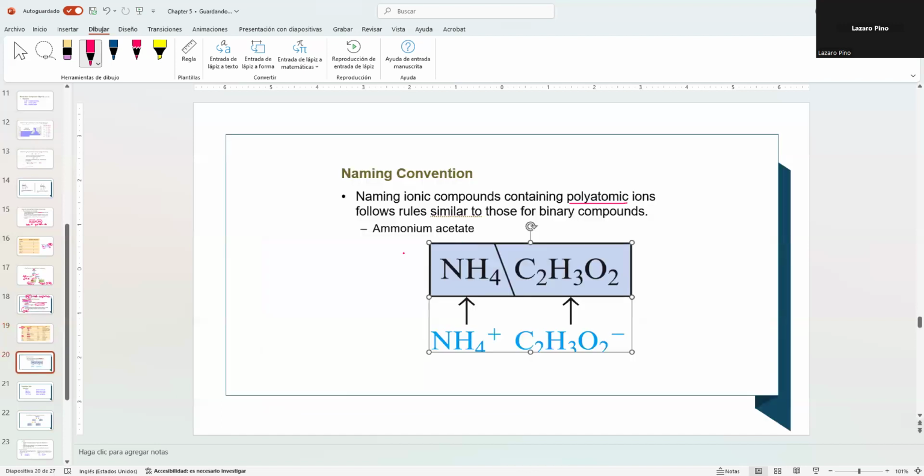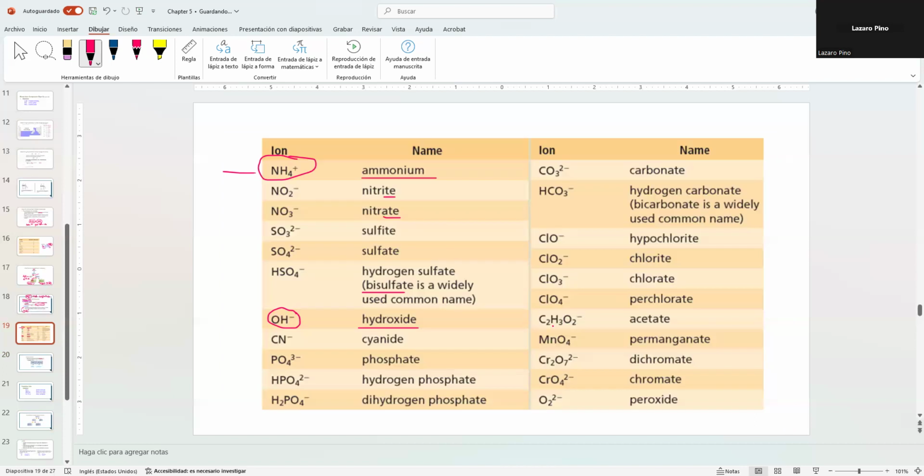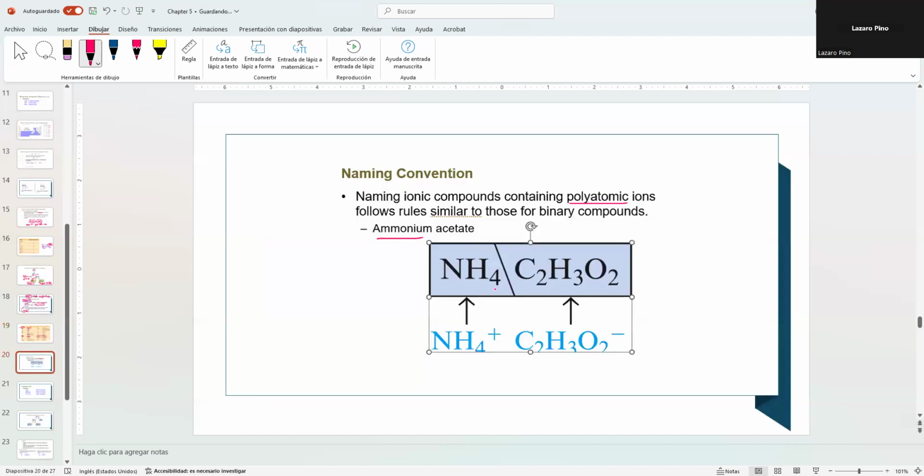Then we write ammonium first. And then we go to the anion. What is this anion? We come here. It's acetate. Then we call this compound ammonium acetate.